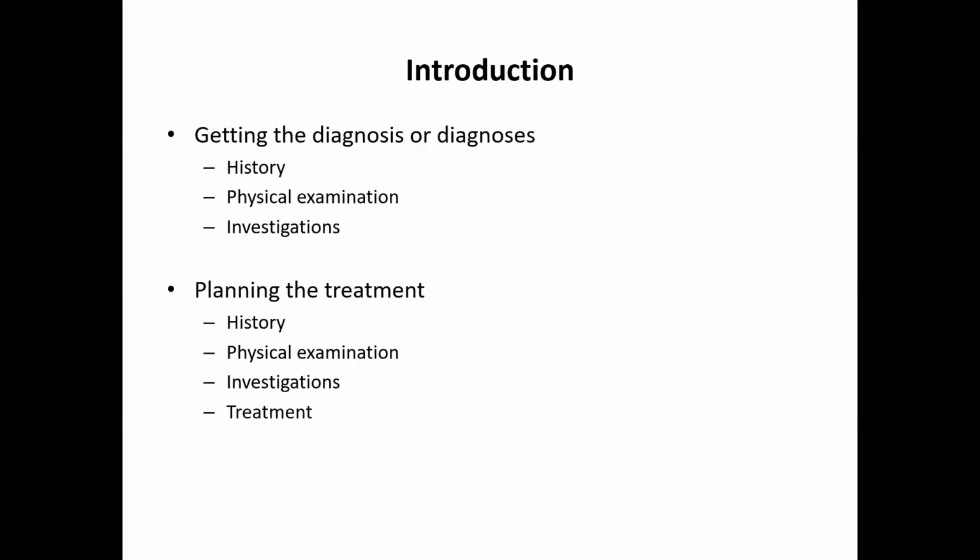Okay. Now, getting the diagnosis, again, it's only three to four lines: history, physical examination, and investigations. Planning the treatment is the same: it starts from history, physical examination, investigations, and then treatment.